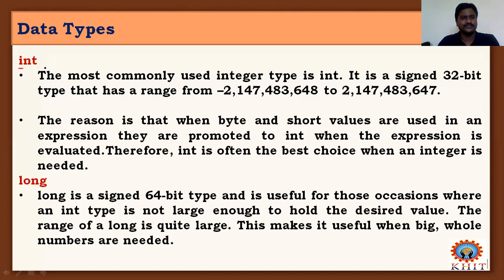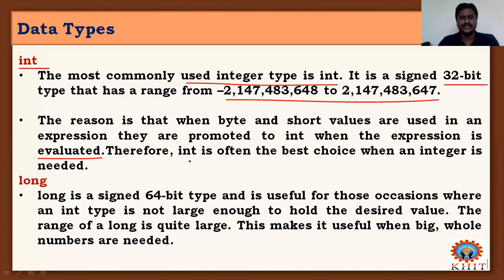Coming to integer, the most commonly used integer type is int. It is a signed 32-bit type, and the range of these values is like this. The reason byte and short values are promoted into int when used in an expression is type promotion, and we will discuss the same point later clearly.